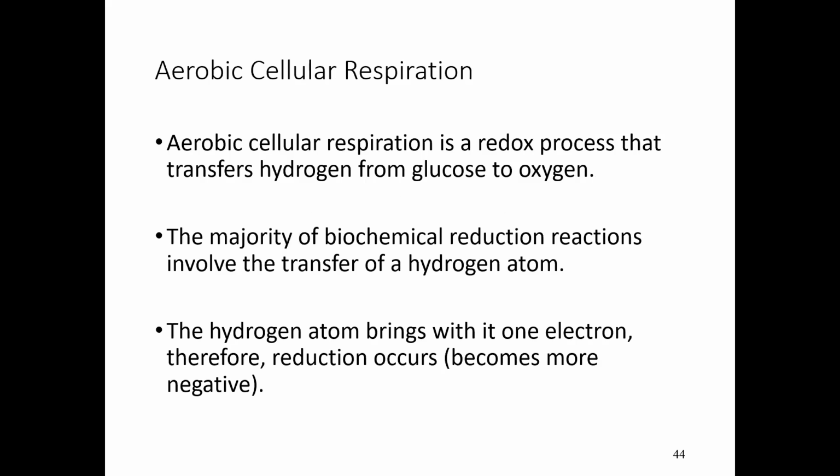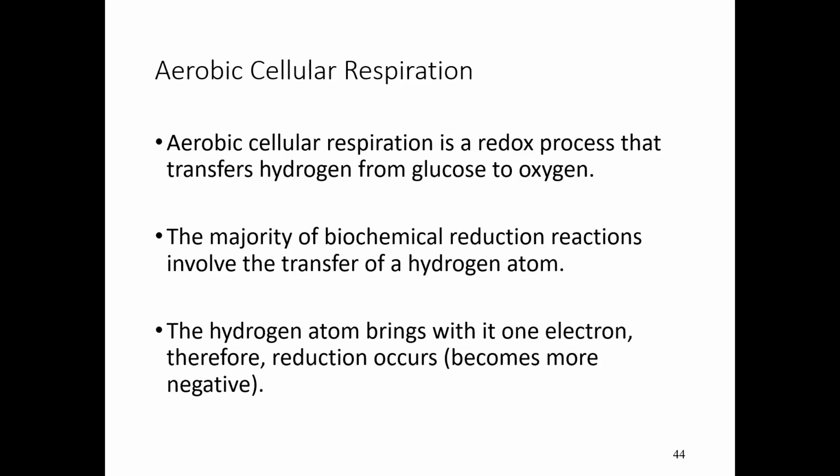So the end result is, with aerobic cellular respiration, we will ultimately get those hydrogens that we're pulling off. Remember, when I say hydrogens, I also mean electrons. So electrons and hydrogens are BFFs. They travel together, and we ultimately are going to get those hydrogens and those electrons from glucose to oxygen.